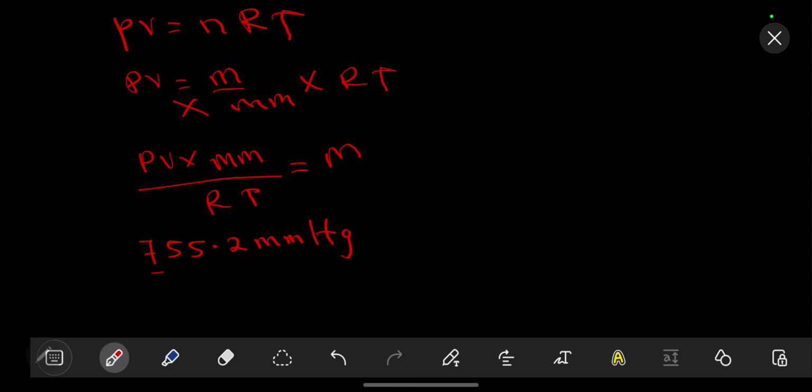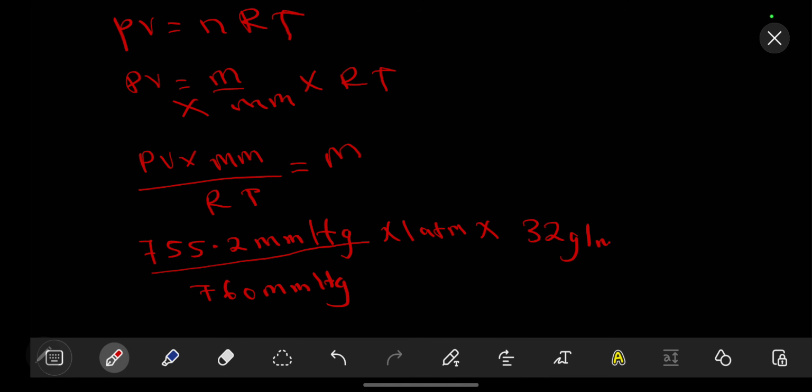Converting it to atm, we divide by 760 millimeters of Hg times 1 atmosphere, times the molar mass. Which gas are we looking at? Since the gas that we are looking at is oxygen, the molar mass of oxygen is 16. Oxygen gas is O2, so it will be 32 grams per mole.